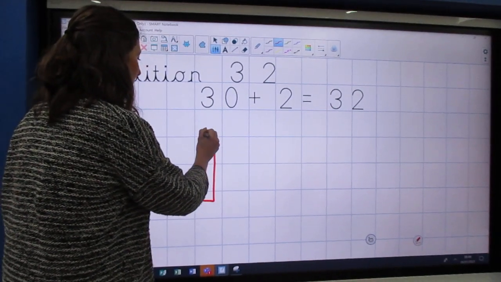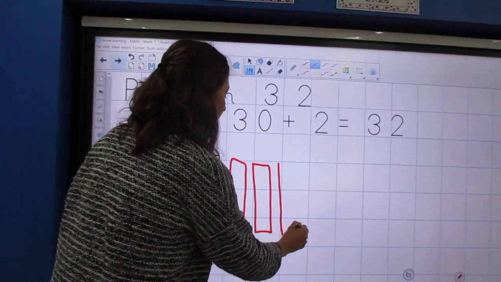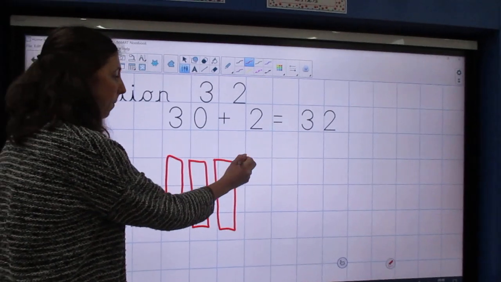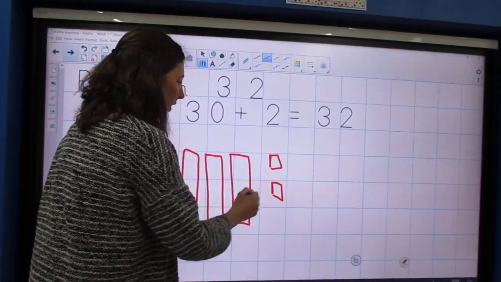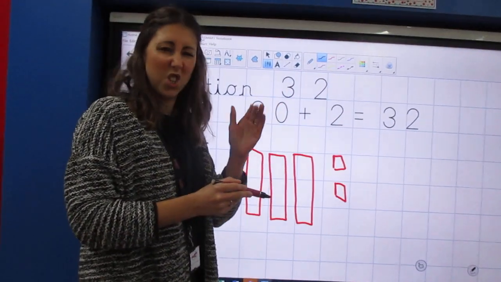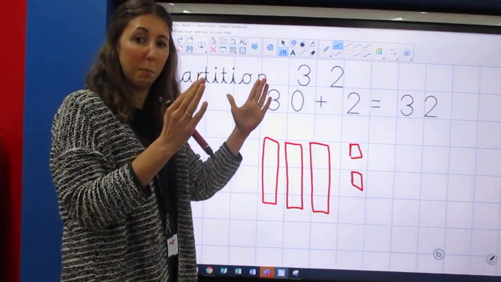So I need 1 stick of 10, 2 sticks of 10, 3 sticks of 10 to make 10, 20, 30. And then I need 2 ones. And all I'm going to do is I'm going to split them into 2 different groups. Because remember, partition means to split.